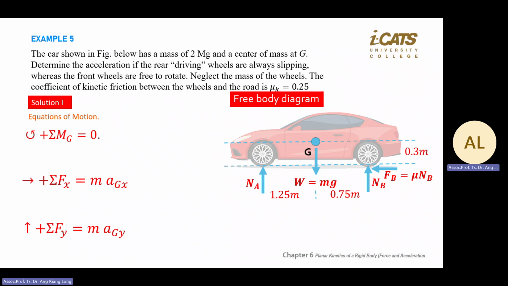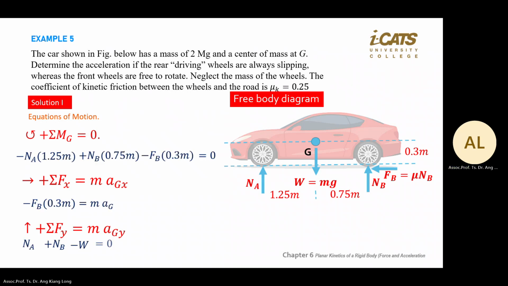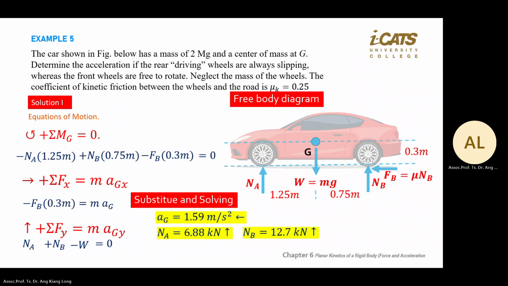These three are the standard three equations that you must use for rigid body solution. And this kind of question will come out in your final exam. This one is your last question in your final exam. So this is the first three equations.